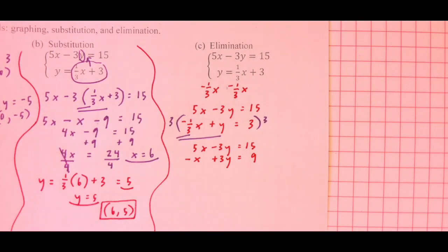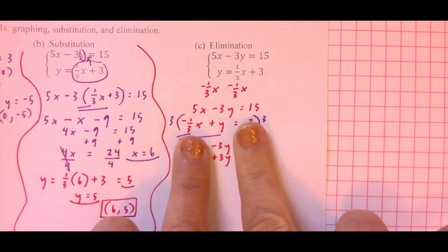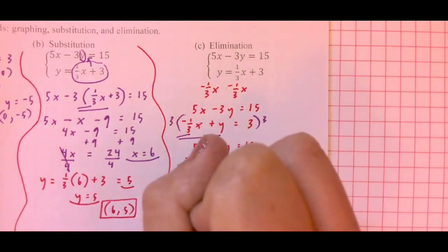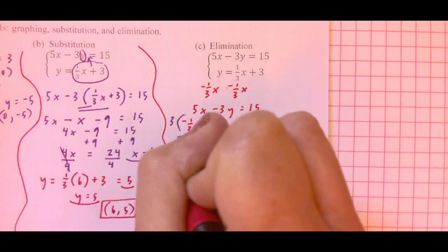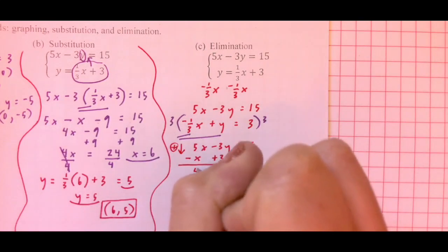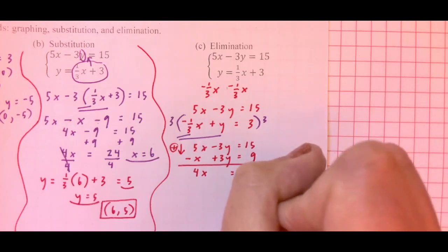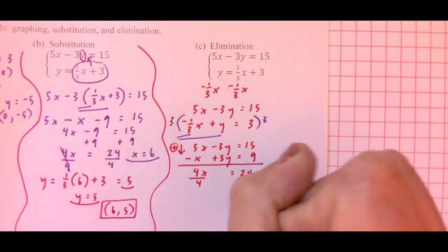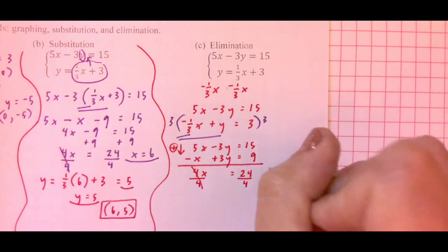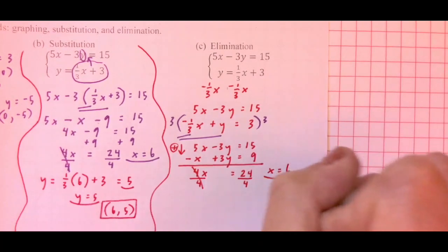All right, so now I have opposites in either x or y. In this case, the y's are opposites. So now when I add down, I have 4x, there's 0, equals 24. Divide that 4 away, and we're back to x being 6.